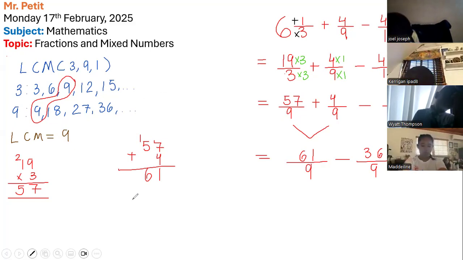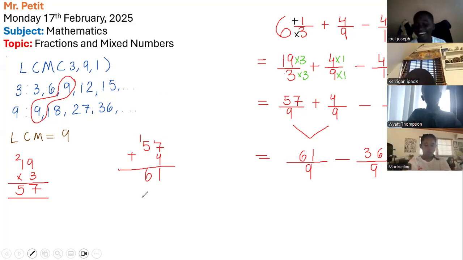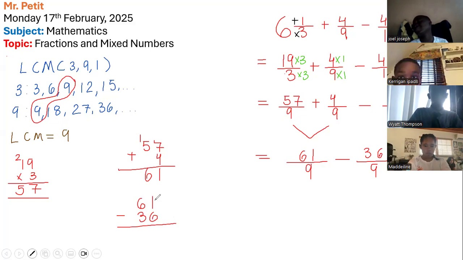Okay, let's subtract. So we have 61 minus 36. One minus 6, we can't do that. So this is going to be 5. 11 minus 6. What is 11 minus 6? 6, 7, 8, 9, 10, 11.